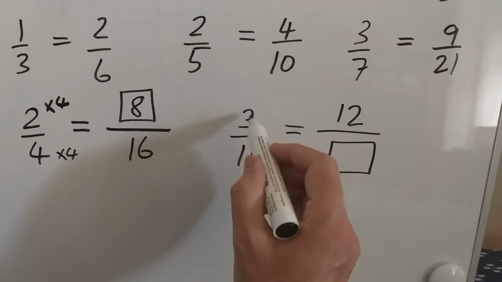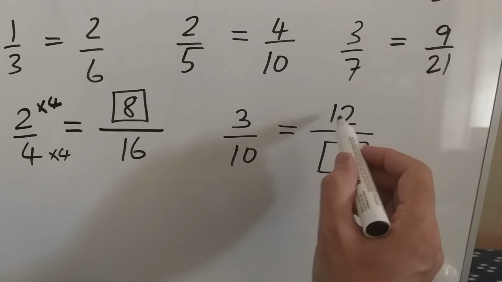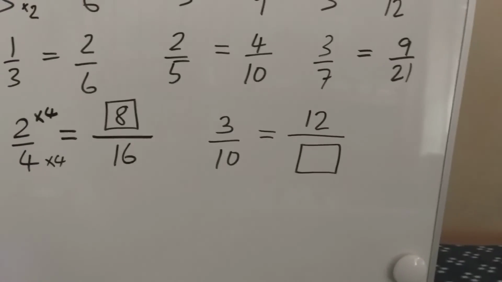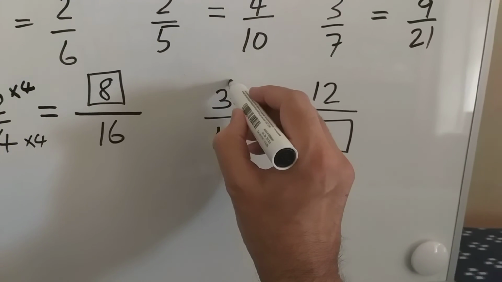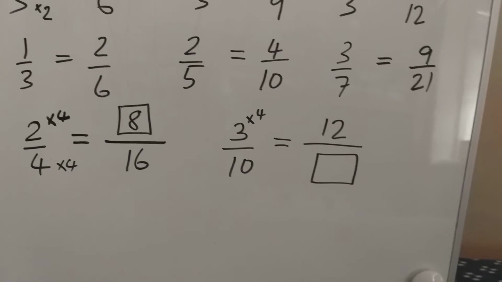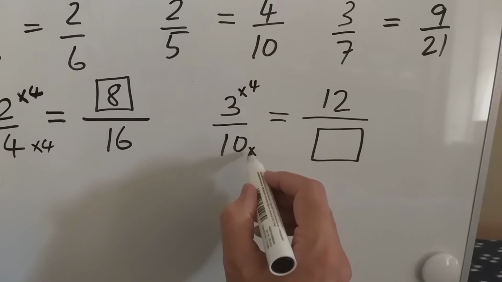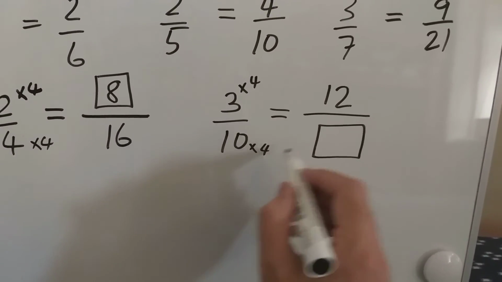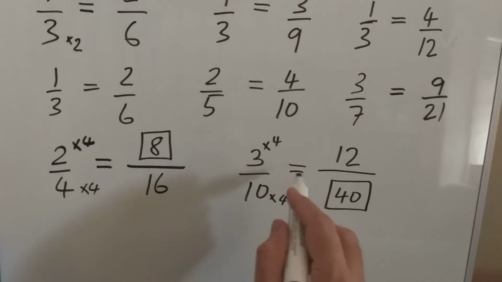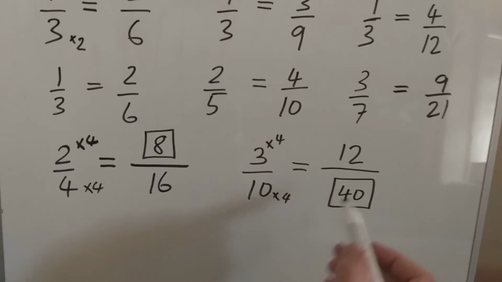Now, 3 compares with 12. So 3 multiplied by what gave us 12? Is it 3 times 3? No, 3 times 3 is 9. Is it 3 times 4? Yes, the multiplier here is 4. 3 times 4 is 12. So the same multiplier you'll have to use for the denominator to get the missing number. 10 times 4 is equal to 40. So 3/10 is equal to 12 over 40, and the missing number was 40.